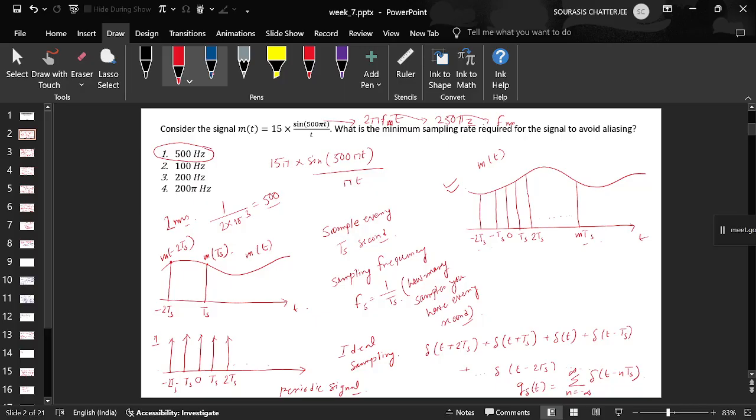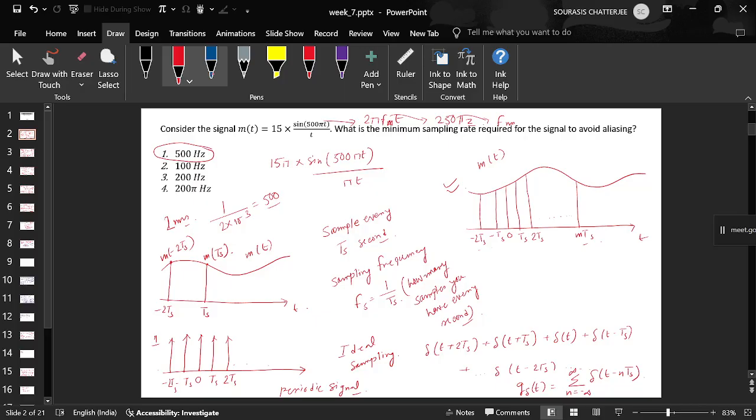Okay, we'll get there later. Basically aliasing is something that is going to cause distortion to your signal, and when your signal is distorted, that is inevitably going to cause some information loss. So aliasing causes distortion, and distortion causes information loss.